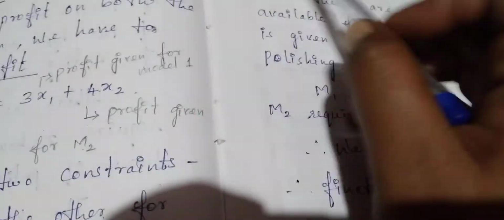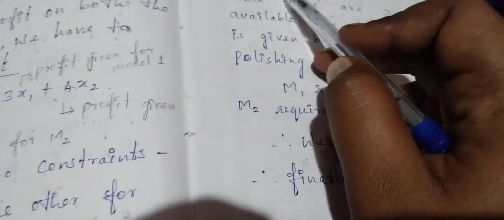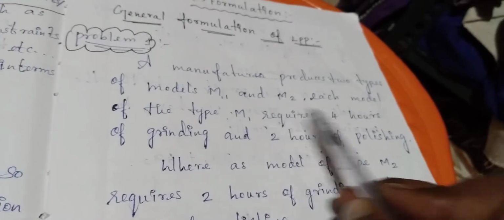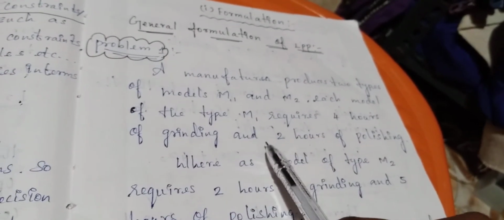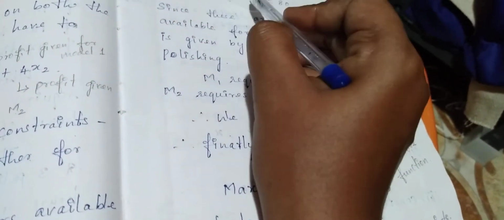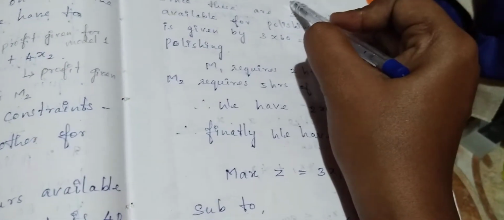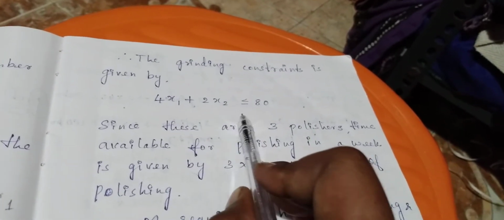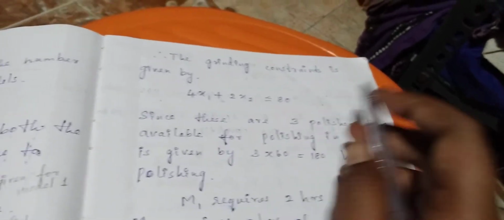Here you can see the grinding constraint given is M1 requires 4 hours of grinding and M2 requires 2 hours of grinding, and the total is 80. So it is less than or equal to 80. 4x1 plus 2x2 less than or equal to 80.